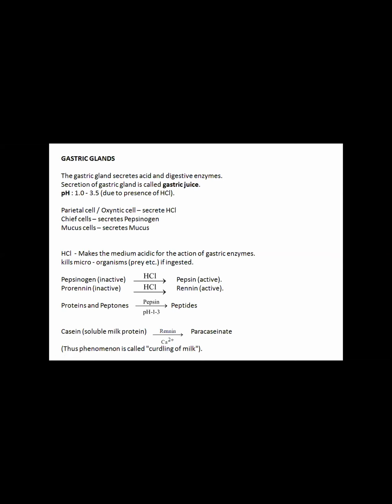So वहाँ babies में JG cells, these cells are going to release this prorenin enzyme, and prorenin again is the inactive form of the enzyme, which is going to get activated in the presence of HCl or the hydrochloric acid.